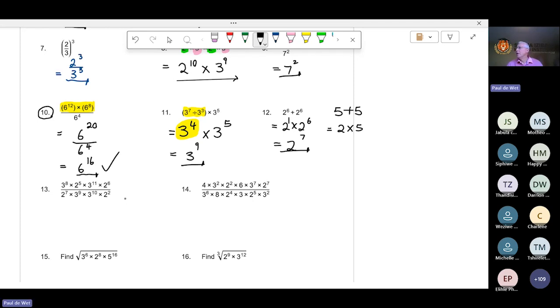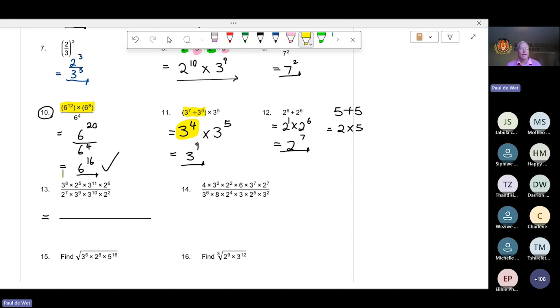All right. So, guys, look at this question here. It looks scary because it looks very big. But if we just keep calm, what we're looking for is numbers that have got the same base. Let's ignore the bottom for now. We're just going to worry about the top of this fraction.